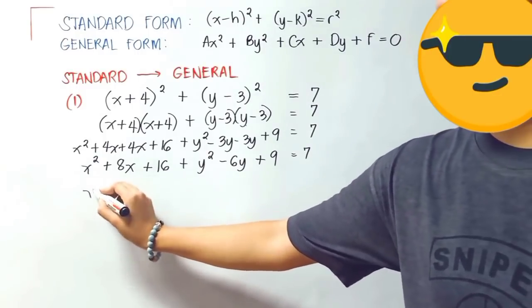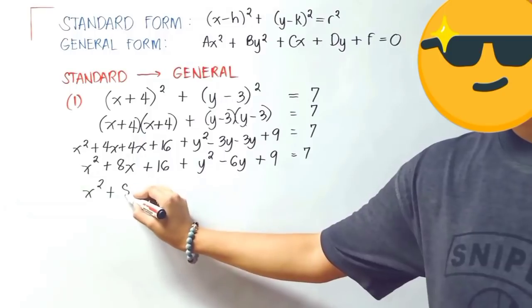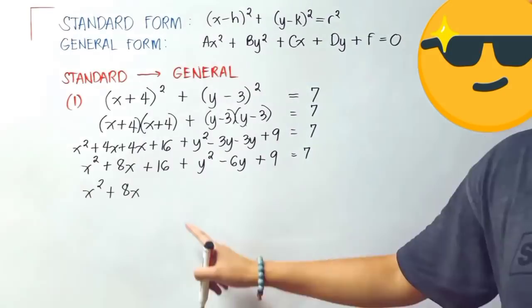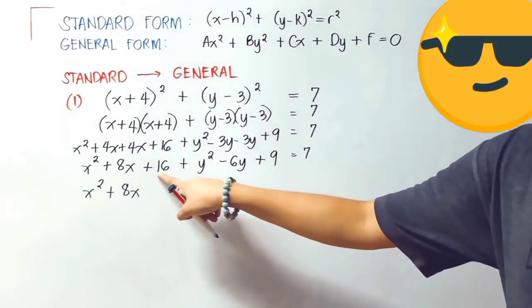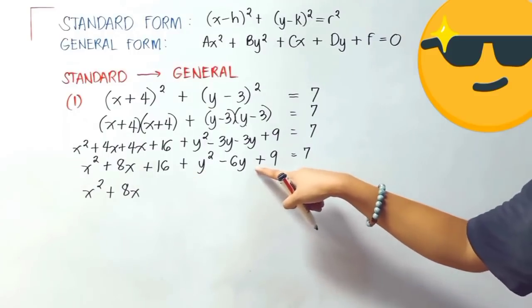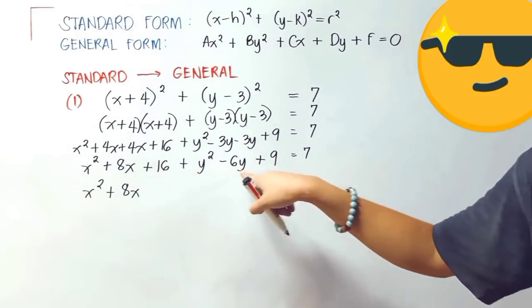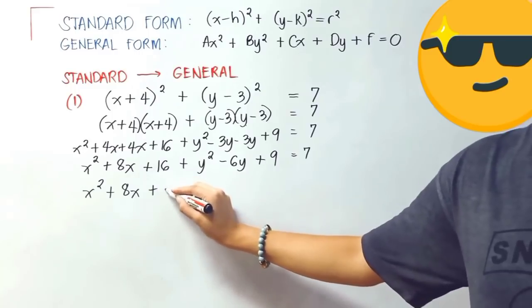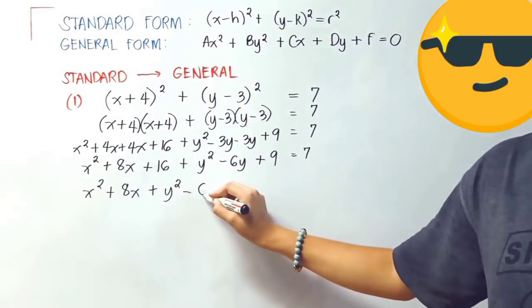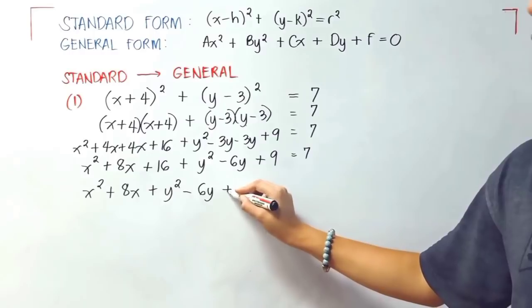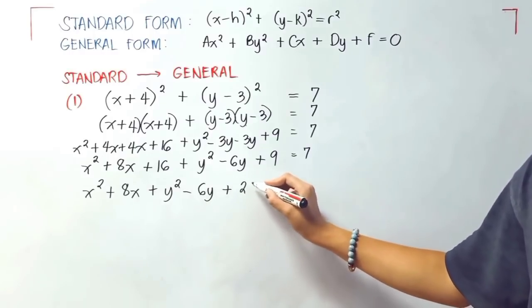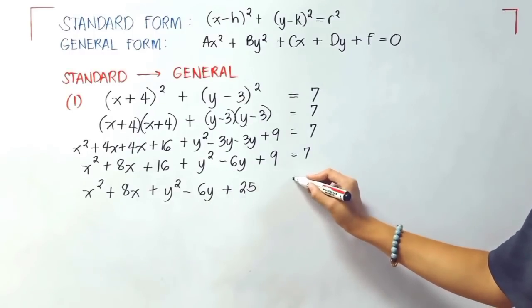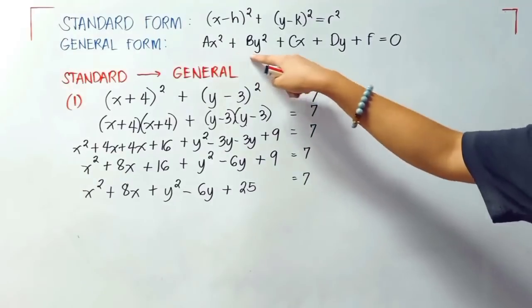Now let us rewrite this one. X squared plus 8x. Now 16 and 9 can still be performed, so we'll write the answer later. Y squared minus 6y plus 25 equals 7.